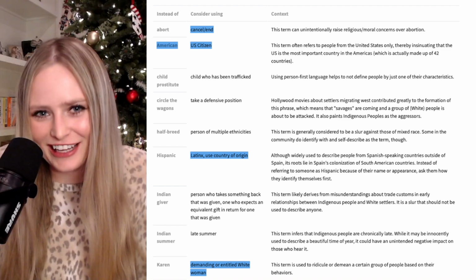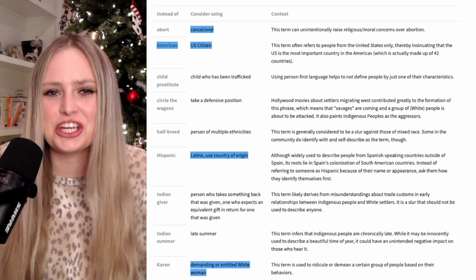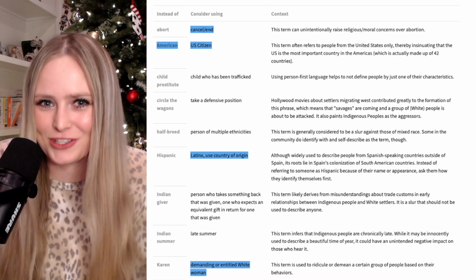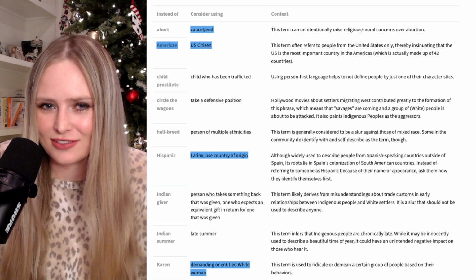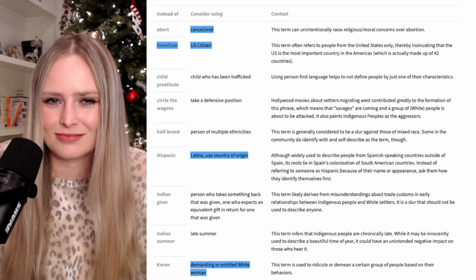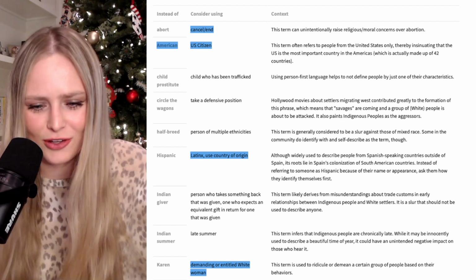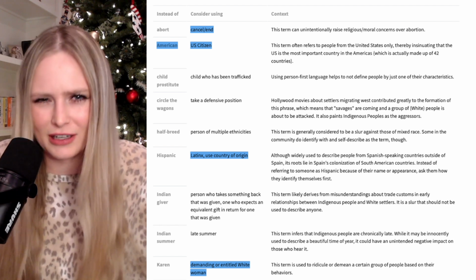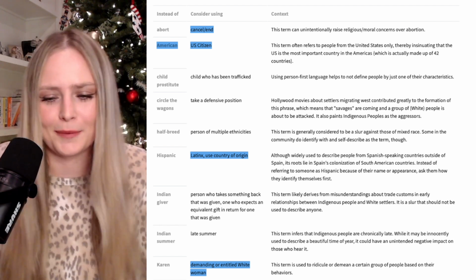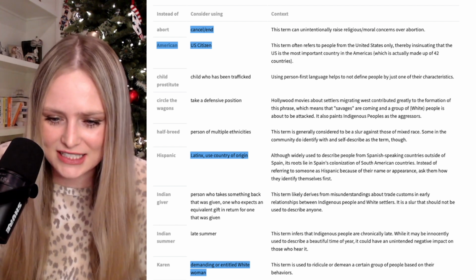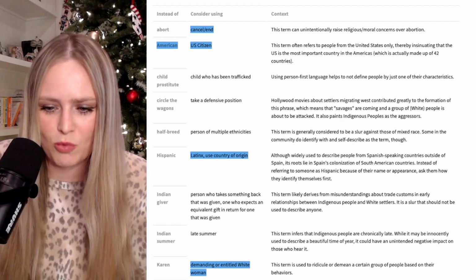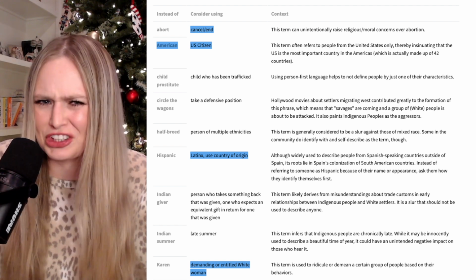This one is a real kicker, though. They take issue with the word abort, which, I mean, if it's not abortion rights, they want you to say cancel or end. So cancel rights, end rights. They say this term can unintentionally raise religious, moral concerns over abortion.